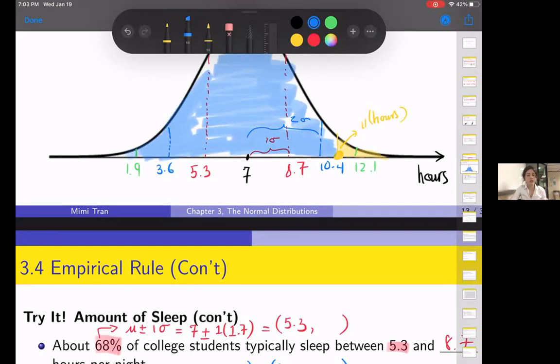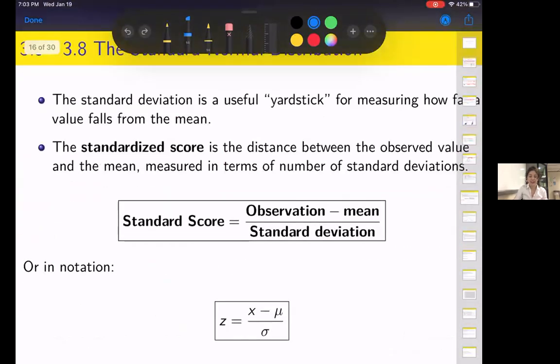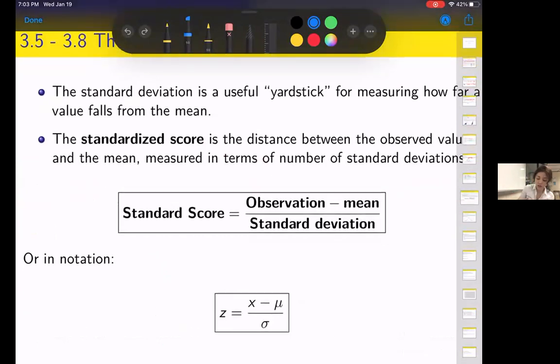Well, in order to answer this question, you need something called the z-score. We need the z standard score. What it does is transform your regular data set into a standardized data set. The standard score is the distance between the observed value and the mean.